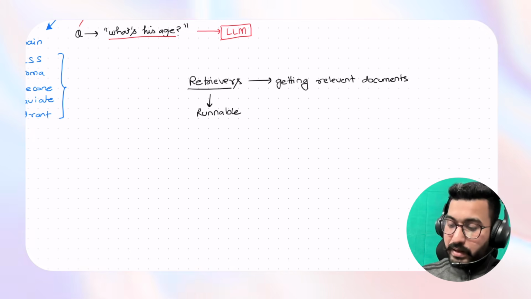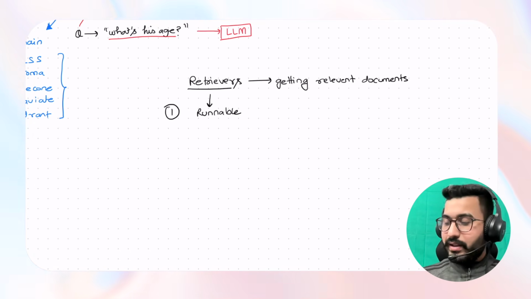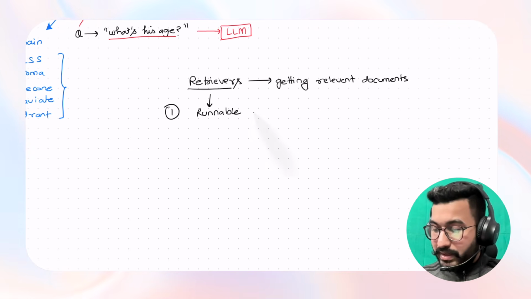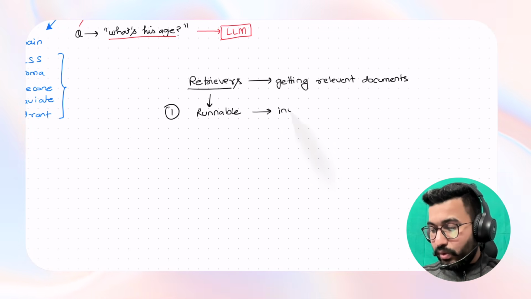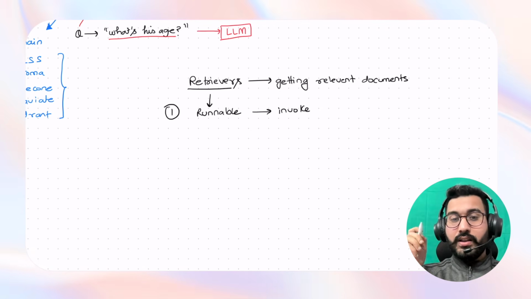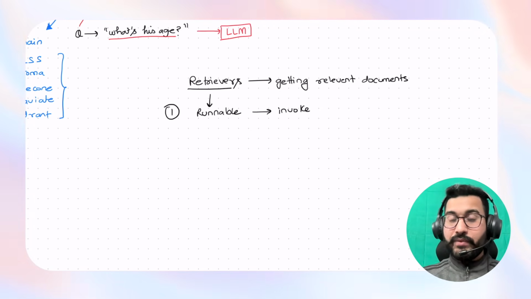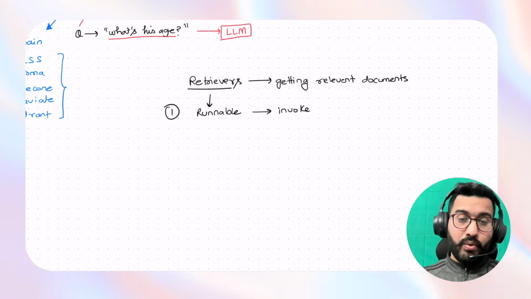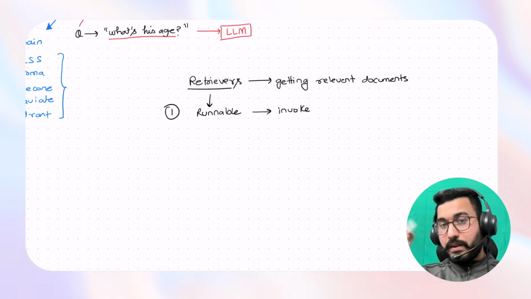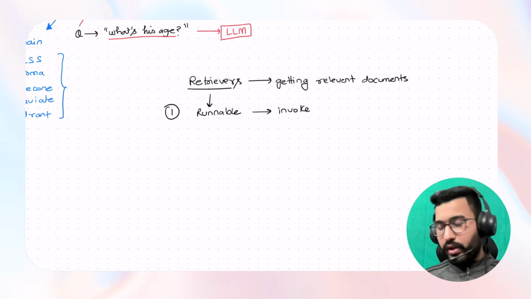So this is advantage number one, that you can create chains because it is a runnable. When it is a runnable, that means it provides you with the method invoke. So you do not have to use dot similarity search or dot similarity search with score. You can use invoke so that it can become part of the chain, and you are able to execute the chain in one shot.